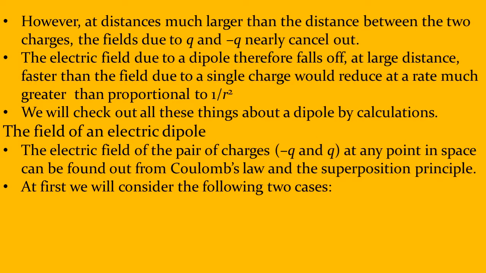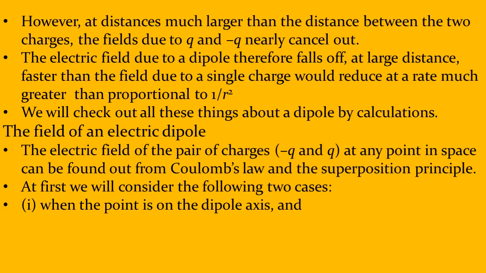At first, we are going to consider two simple cases. First, when the point is on the dipole axis, that is, the line joining the minus q to q and beyond, that is the dipole axis extended on both sides.